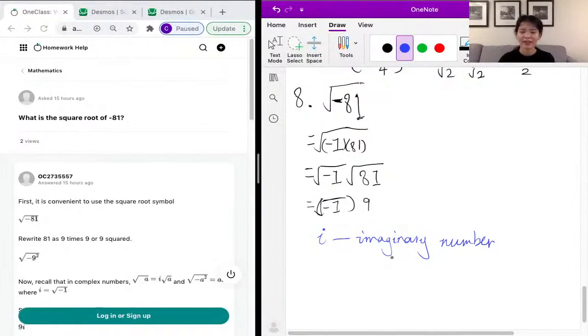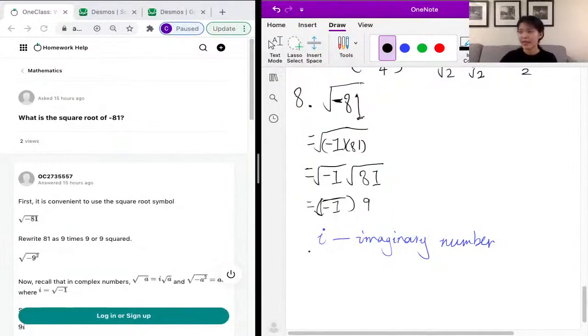So it is actually part of the complex numbers, because the square root of negative 1 actually doesn't exist as values in the system of the real numbers.